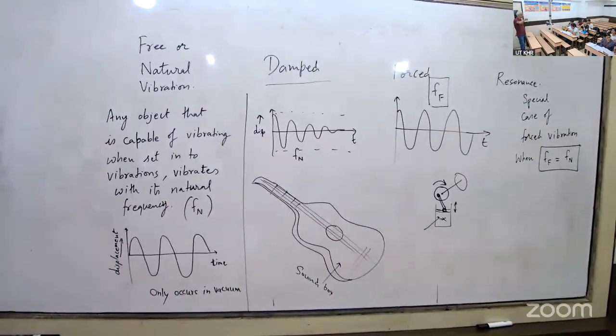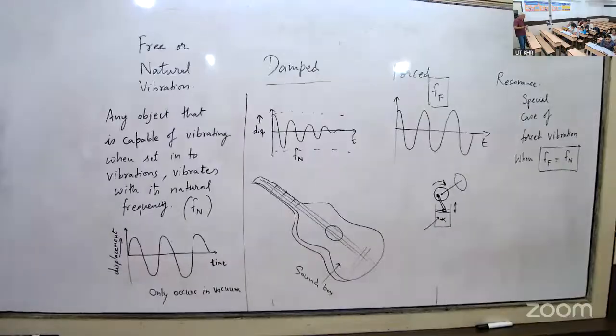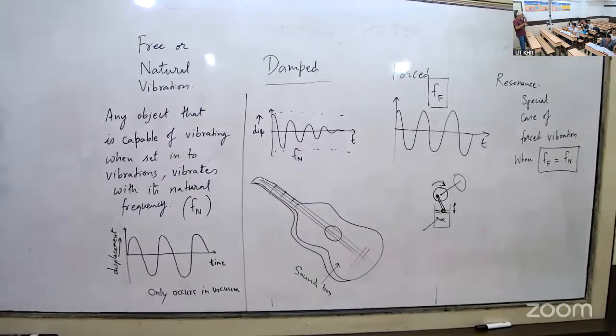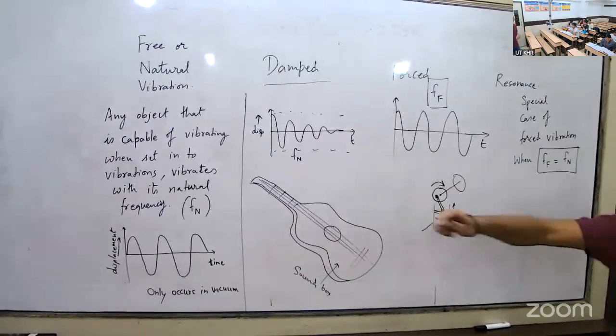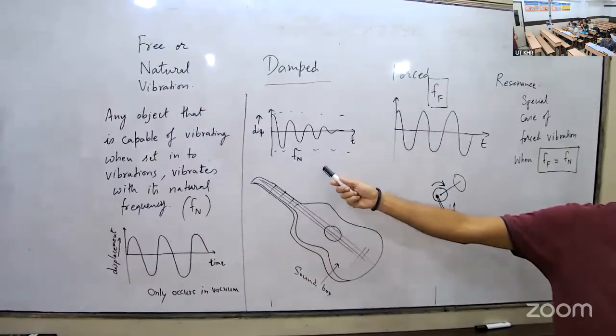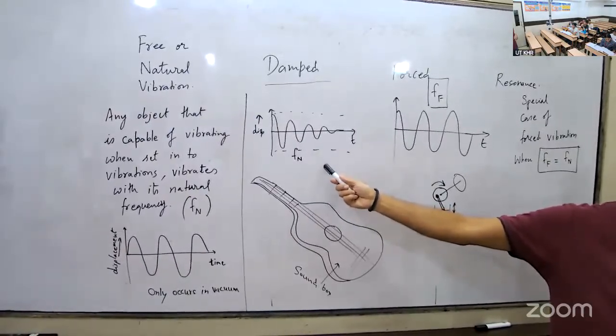Friction. Because of air friction. Wherever you have friction, the motion is opposed. Friction always acts opposite to motion. So energy will be lost in overcoming air friction. That's why the amplitude will go down. But still, even in damped vibration, the frequency is natural only.